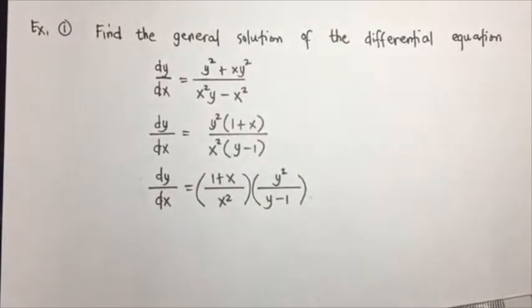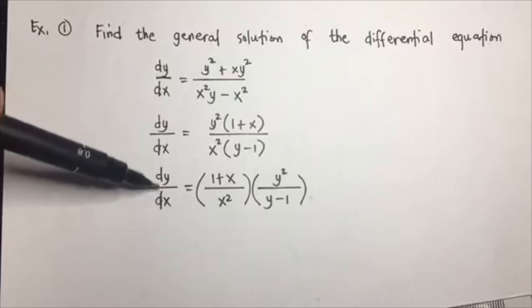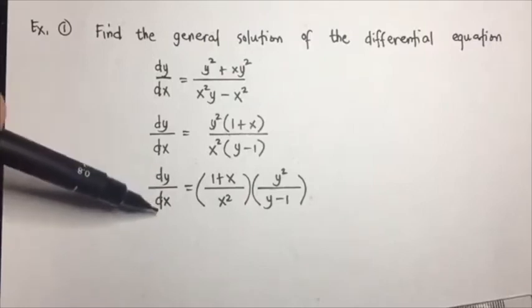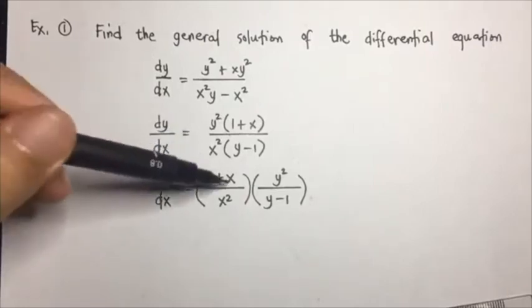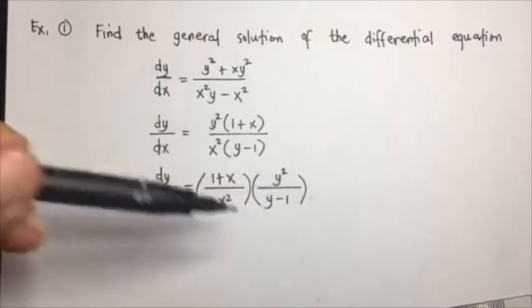That should also include dy and dx. We group dx with the terms containing x, and we group dy with the terms containing y.